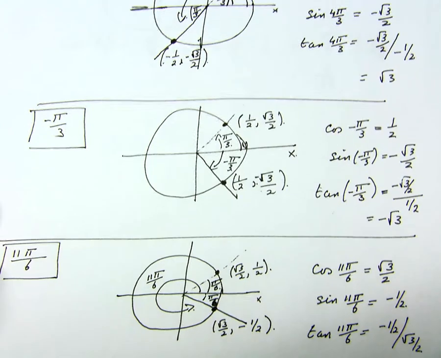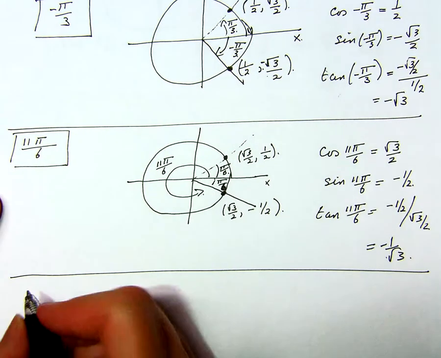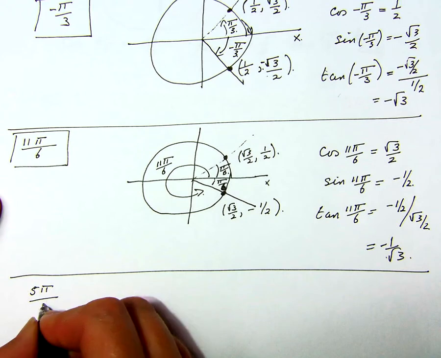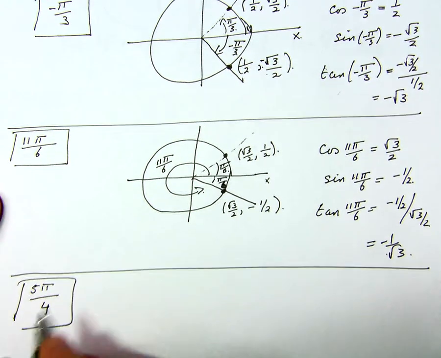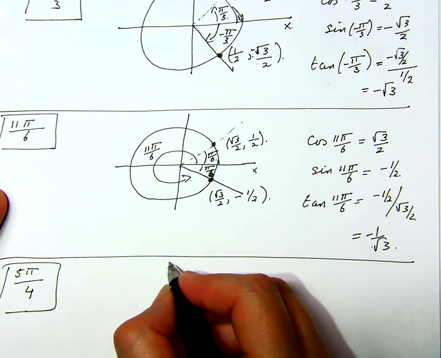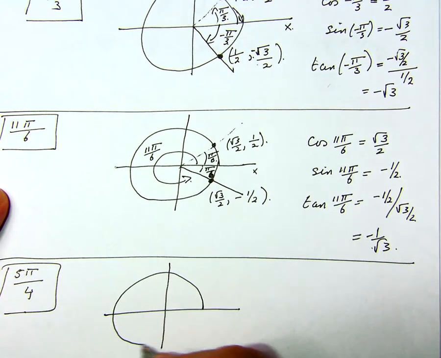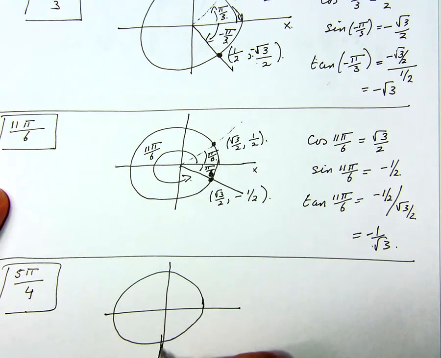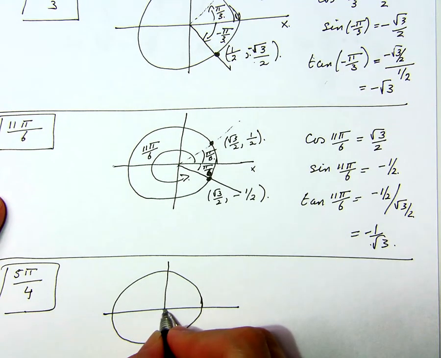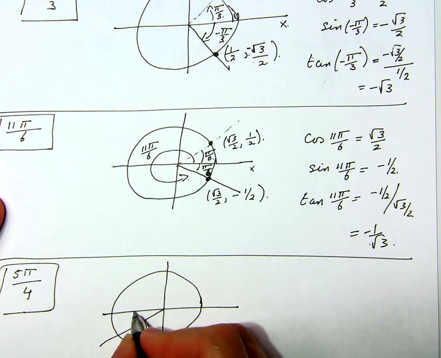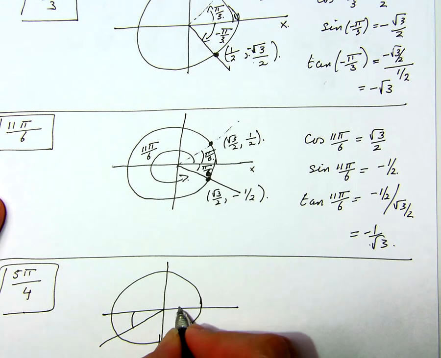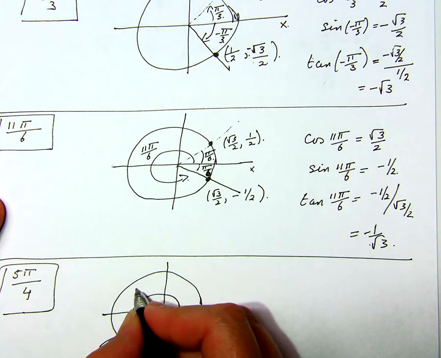And the last angle of interest is 5 pi over 4. So once again, we want to identify where its terminal side is. This is a little bit larger than a straight angle, and it extends an angle of pi over 4 beyond the straight angle.